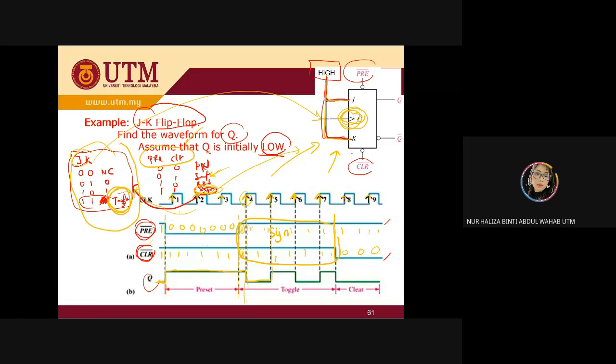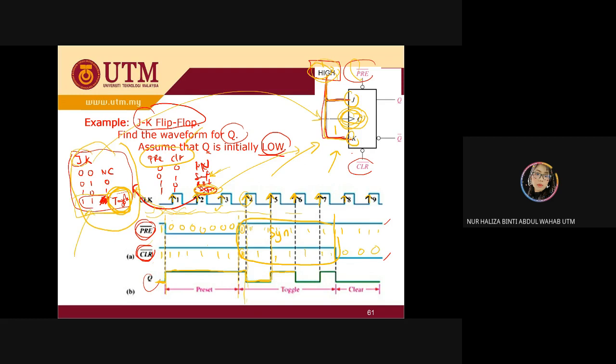It's going to be toggle. Why? Because your JK value is 1 and 1 because it's high. You can see. So if you are given the JK value here, you need to refer to the waveform. But it's directly given. It is 1, 1. Of course, you're going to see directly at this part, which is toggle.